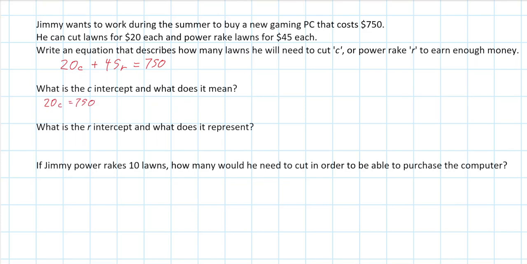So then we divide 750 by 20. So we get C equals 37.5. And what does it mean? Well, it means it's when he doesn't power rake anything and only cuts lawns.